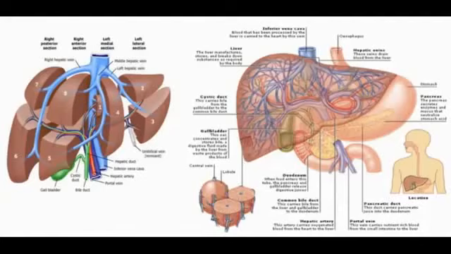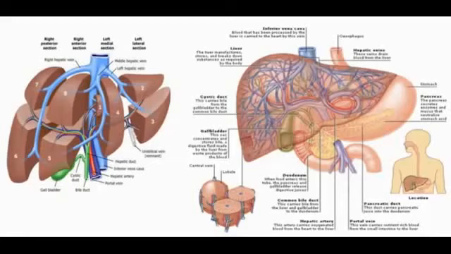This is the system for hormones, bilirubin, and detoxification of toxic substances and drugs. It also converts ammonium to urea. And as you know, ammonium is the most toxic substance for our brain.